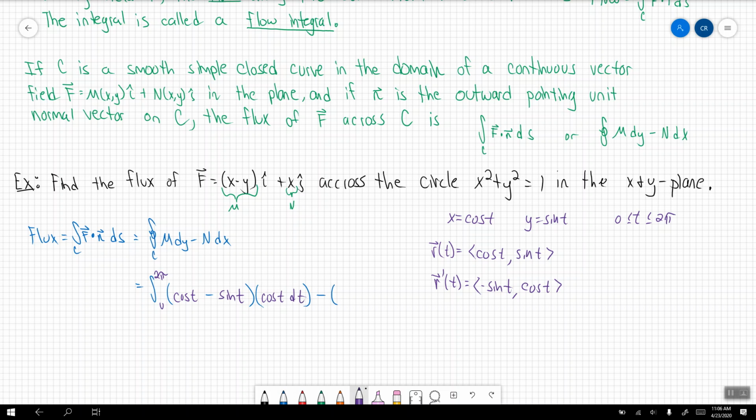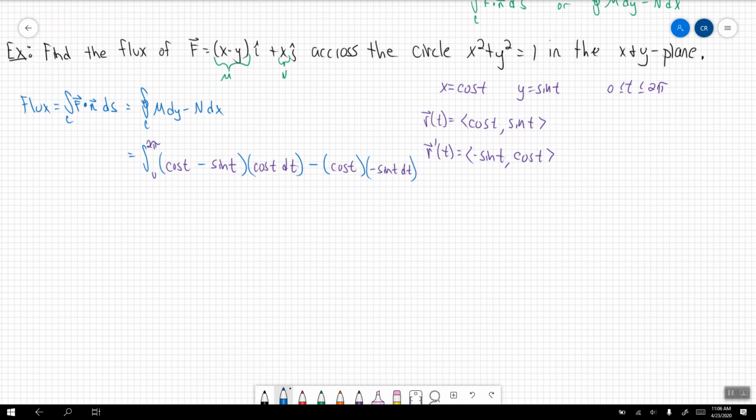The n component is going to be this value here, which is just x. So the n component is just cosine of t. There we are. So that was my n component, and then I need my dx differential here. That means this is going to be negative sine t dt.